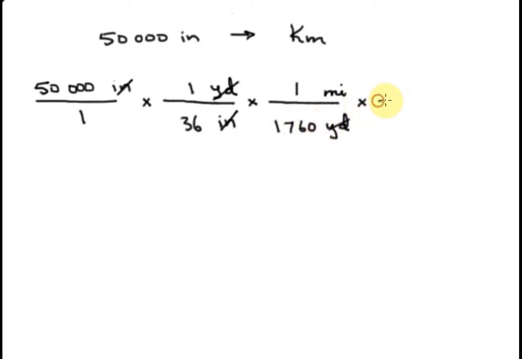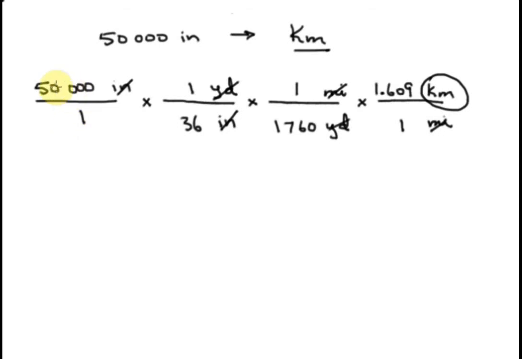And I got to do one more conversion now to get out of miles and into kilometers. So I look that up on my formula sheet and it says 1 mile is 1.609 kilometers. So the miles cancel. And there's my remaining units, which is what I want. I want kilometers. All I got to do now is crunch the numbers.